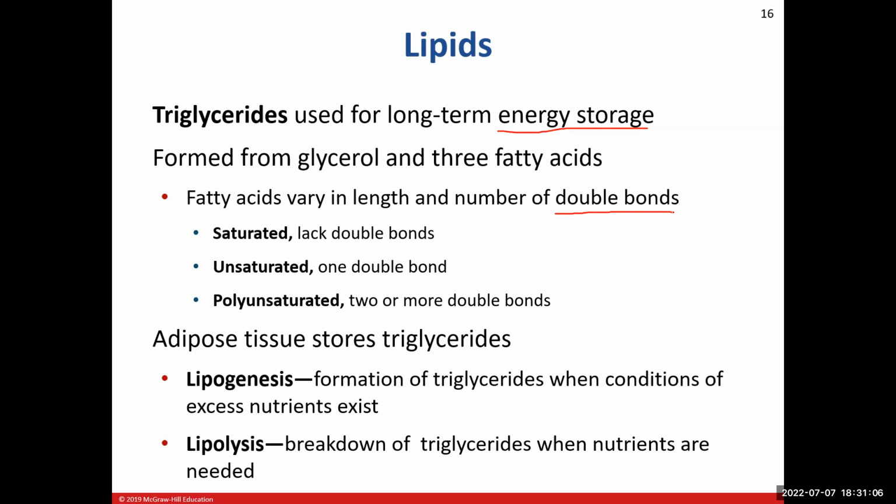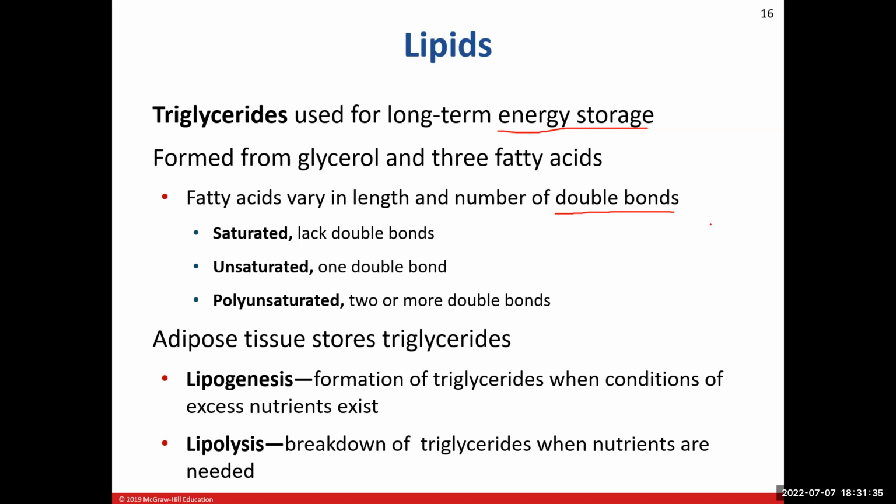So let's talk a little bit about our adipose tissue. Adipose tissue is a connective tissue. It's one of our loose connective tissues, and this is the tissue that's going to store our triglycerides. So if we're going to talk about adipose tissue, we have to talk about lipogenesis and lipolysis. When you dissect the word lipo, then genesis, that is to create fat.